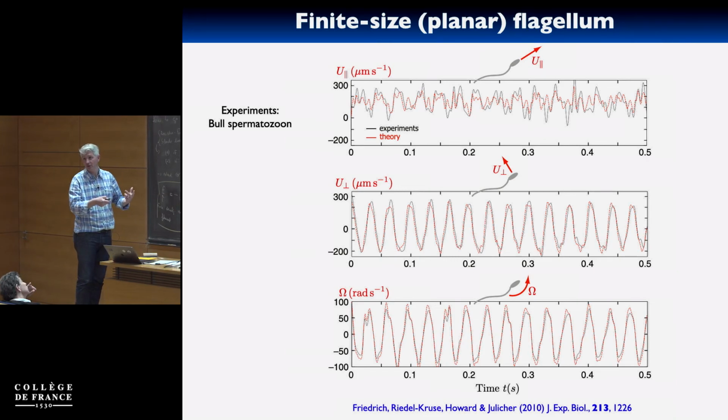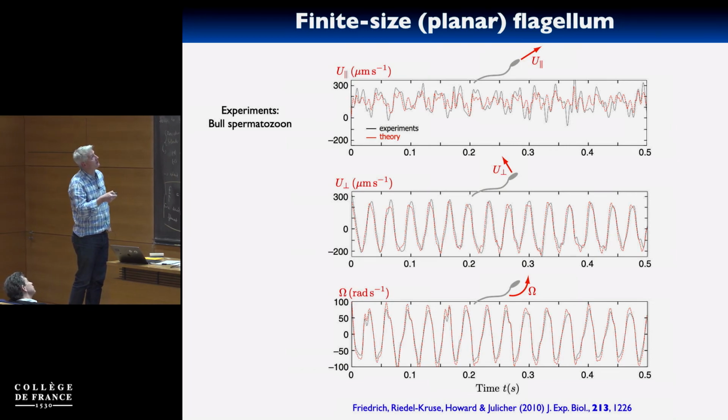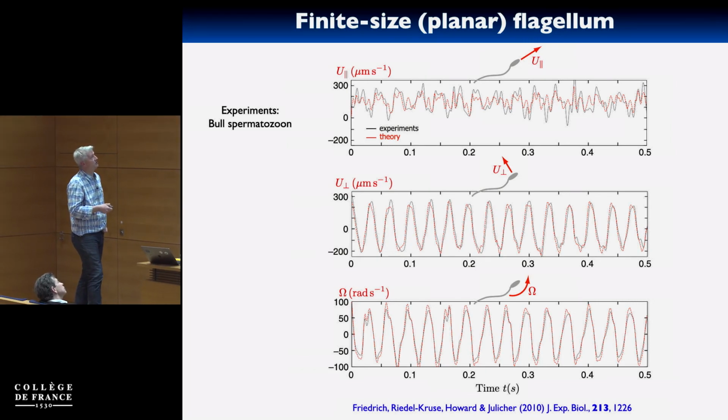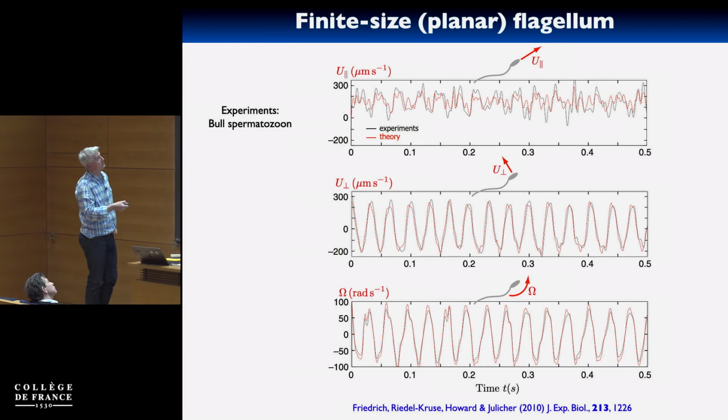It averages to 0, but the amplitude around that 0 is proportional to A. This is a higher order problem, and this is a square problem. You can see the amplitude is smaller, and this is quadratic in the amplitude, and there's more noise. It still is able to follow somewhat what the experiments are doing, but obviously the agreement is much nicer in these 2 directions.